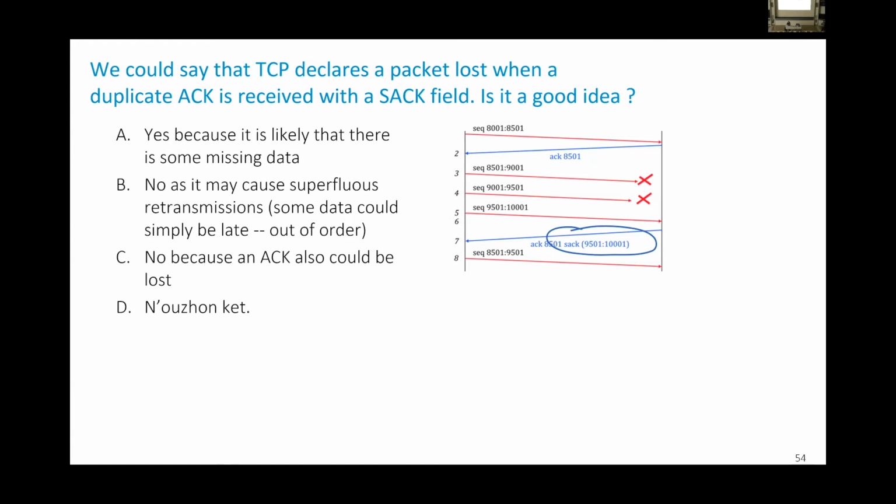So the source knows it has sent packets 1, 3, 4, 5, and receives an acknowledgement for packets only 1 and 5. So is it a good idea to declare a packet lost and retransmit? If you have to code your own version of TCP in Linux or whatever, would you declare a loss and resend the packet?